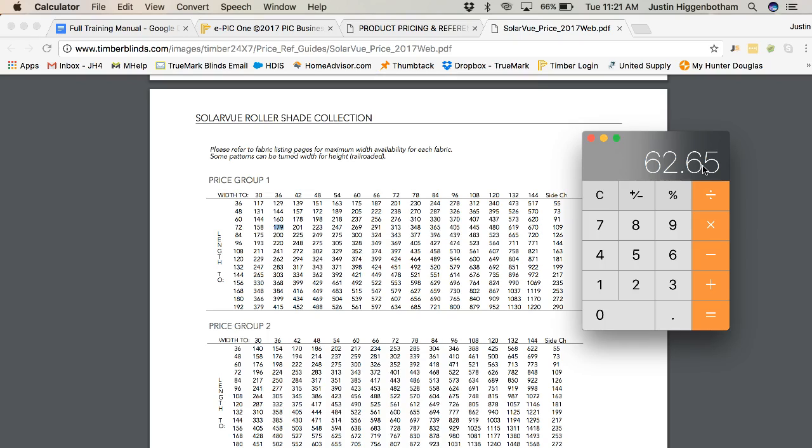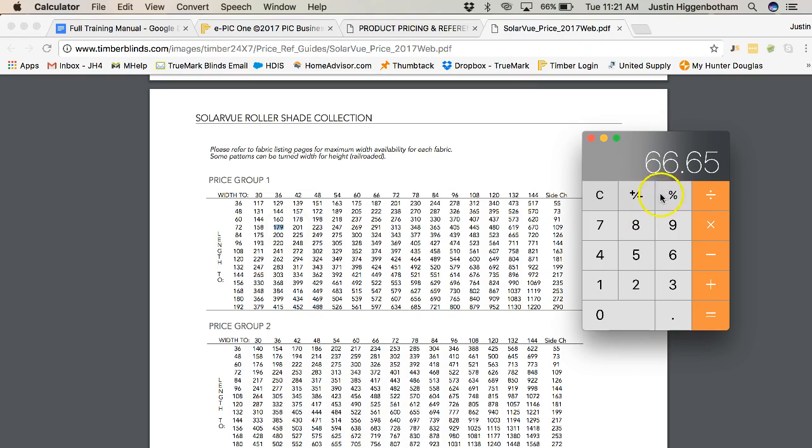Now I automatically add in the $4 for shipping. So that's really our total cost minus taxes. I mean, we still have to pay taxes on that.